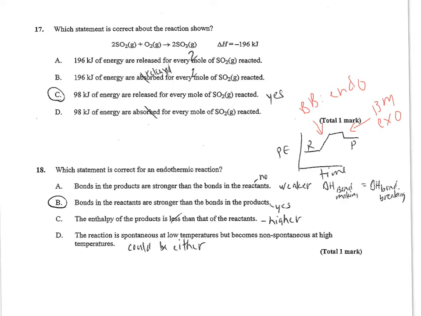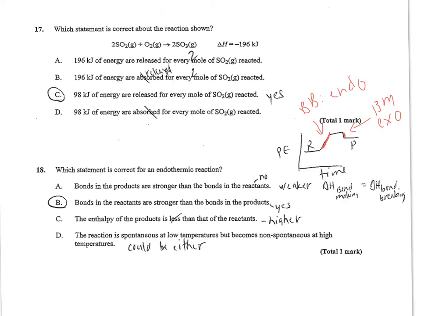Now, this one's a little bit tricky because it seems like they should be because it's got more potential energy. But if we reverse this equation, if you look at the two sides here, which one takes more energy to break their bonds?